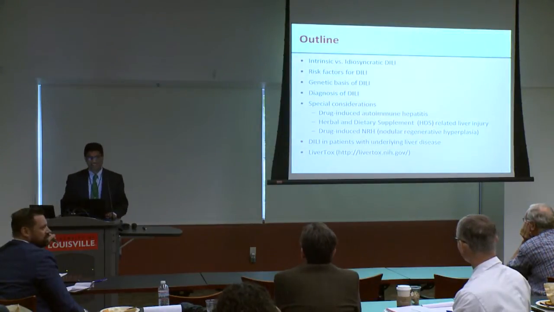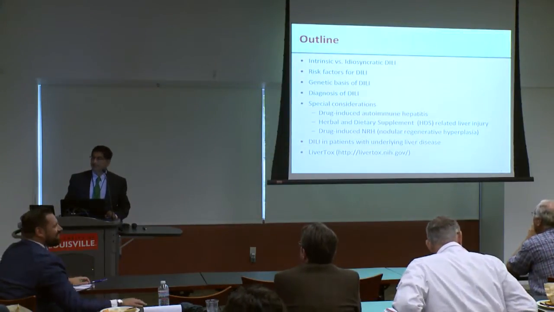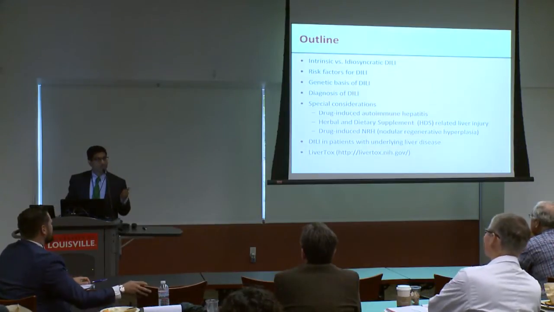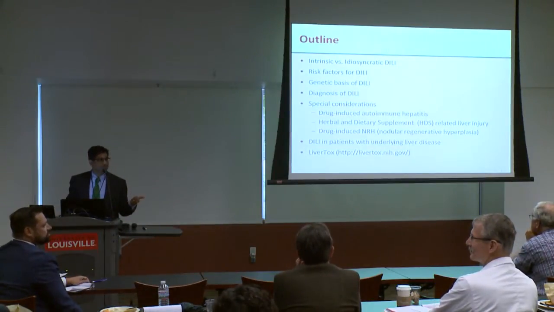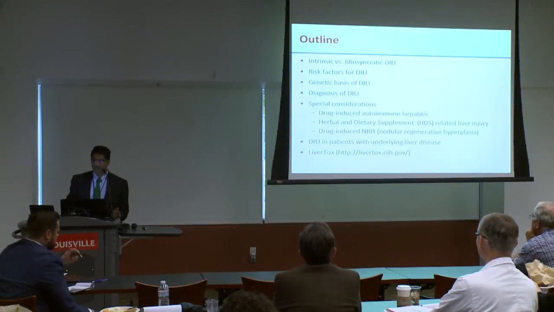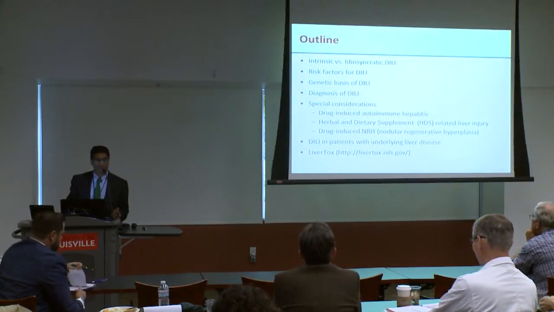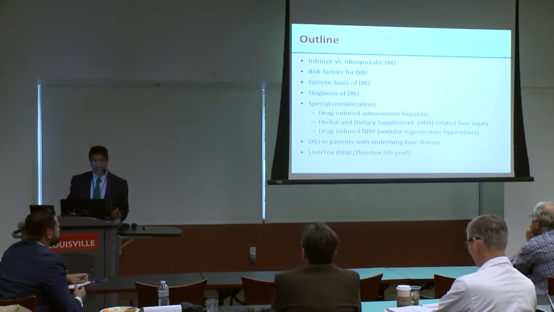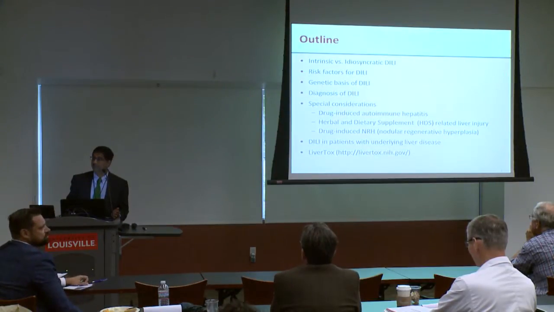The outline of my talk: I want to briefly go over the intrinsic type of liver injury versus idiosyncratic drug-induced liver injury, some risk factors for DILI, genetic basis for DILI, how do we diagnose drug-induced liver injury, some special considerations such as drug-induced autoimmune hepatitis, some dietary supplement-induced liver injury.